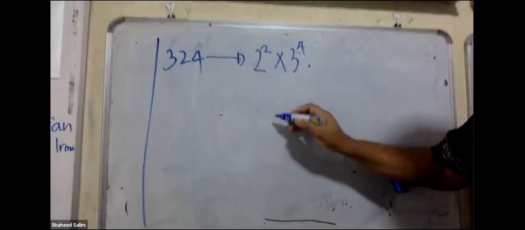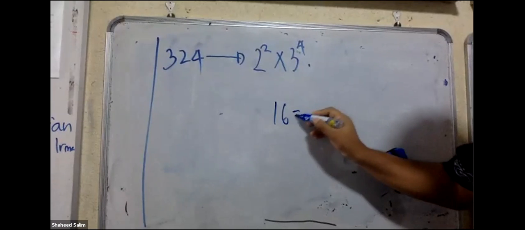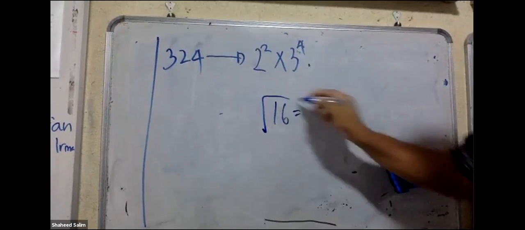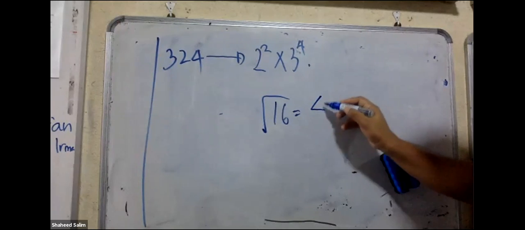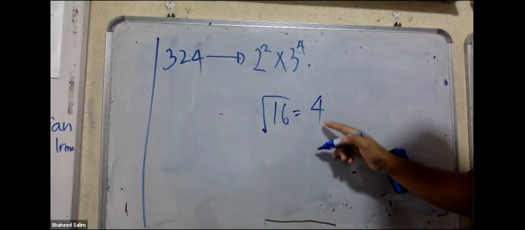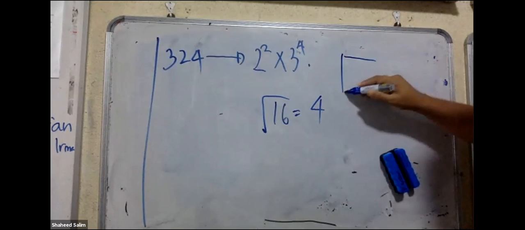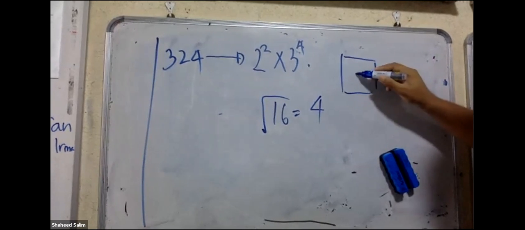Okay, very easy. Square root means, let's say I ask you, what's the square root of 16? Use the calculator. 4. Okay, 4. But how do we know it is 4? Let's say now I draw a square, and the area is 16.